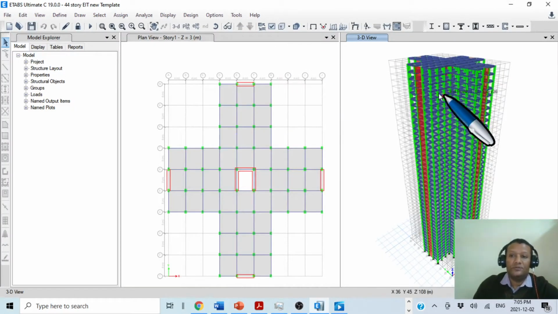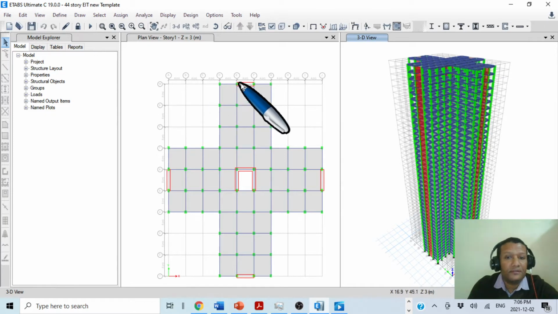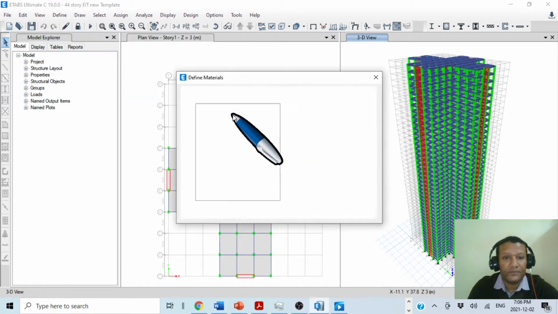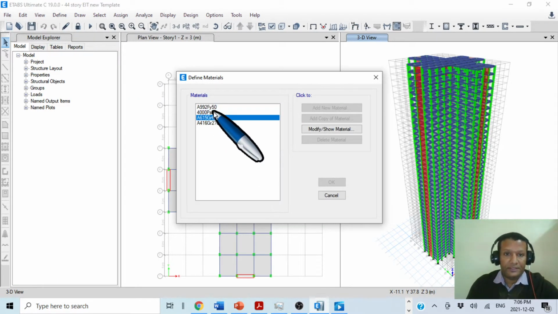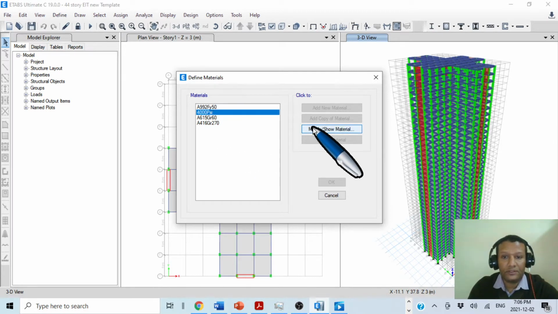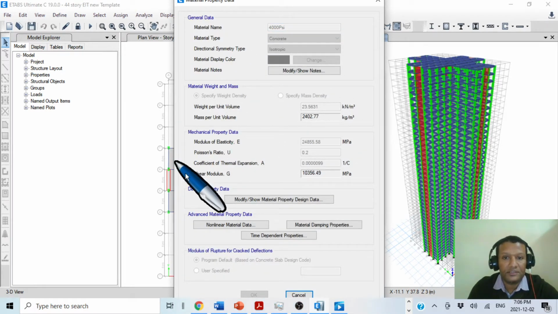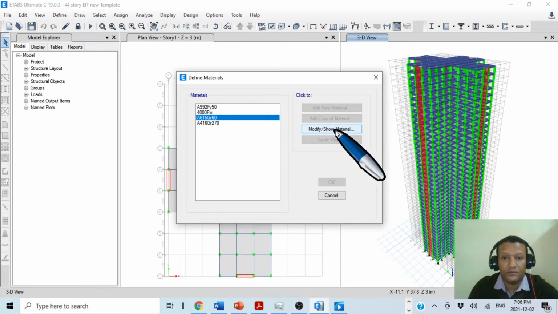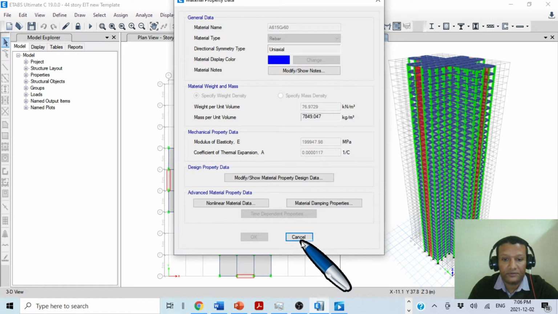For this building, as I told you, the materials, concrete and steel reinforcement, are all defined here as per the code.